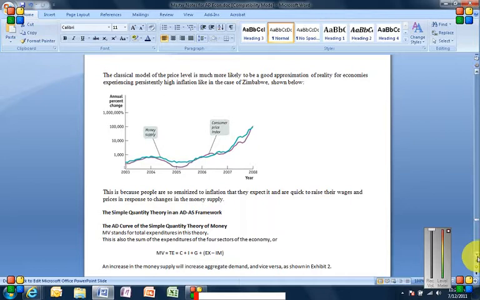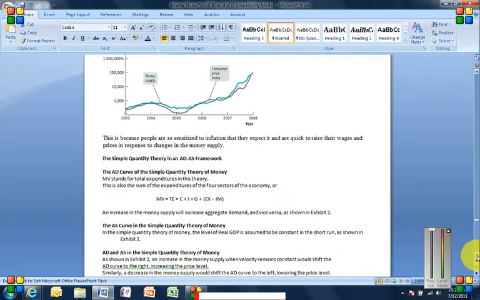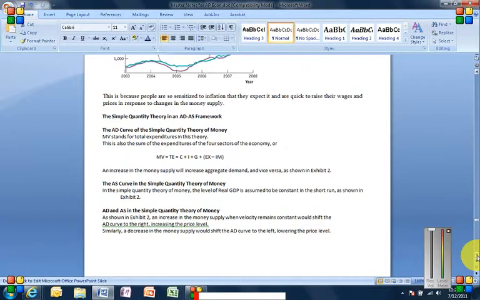Now, if we take it a step further, this simple quantity theory within the aggregate supply and demand framework, there are some things that you want to understand, among which have to do with the aggregate demand curve, the aggregate supply curve, and how they come together.